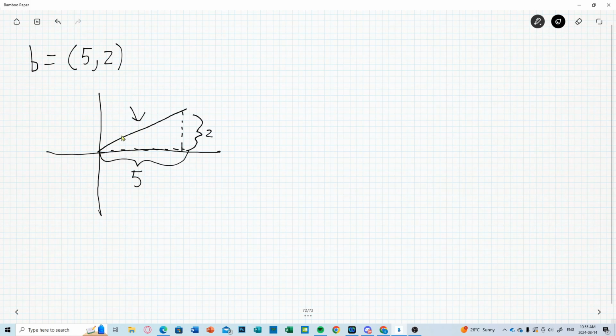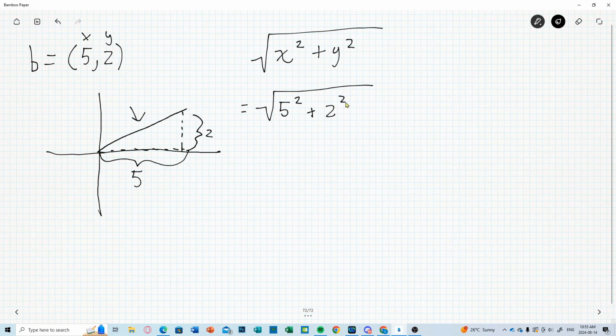So what we're going to do for magnitude is we're going to set up the formula of square root of x squared plus y squared. This will give us the square root of 5 squared, because that's our x, and we're going to add 2 squared because that's our y.